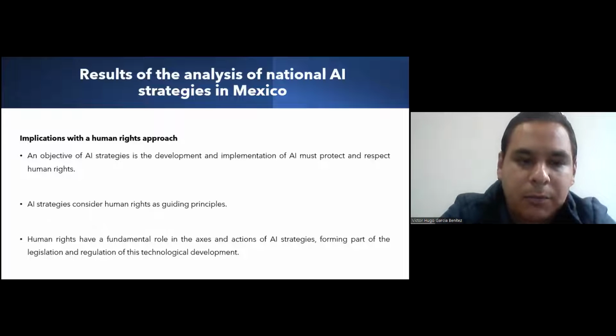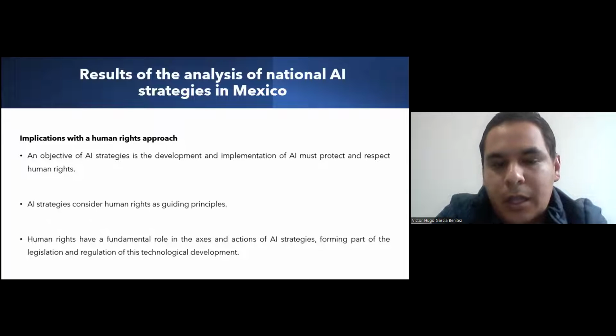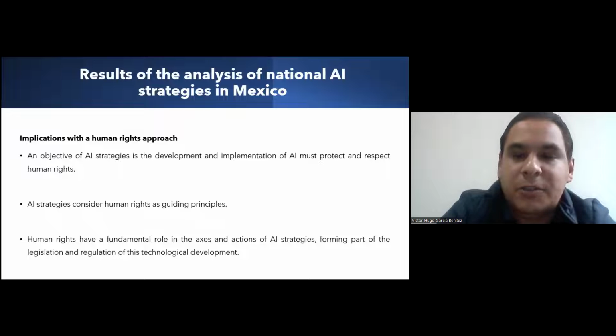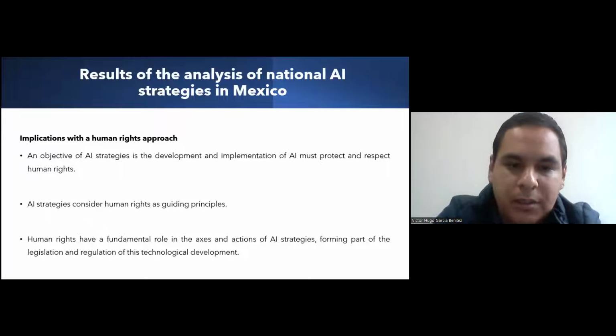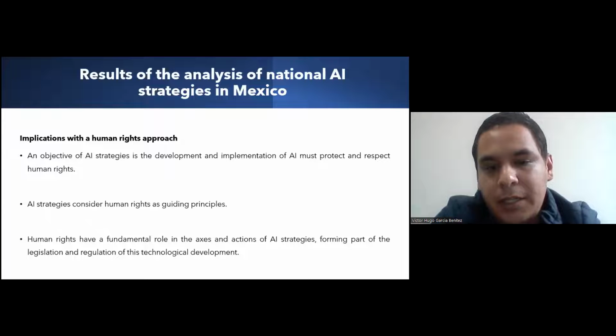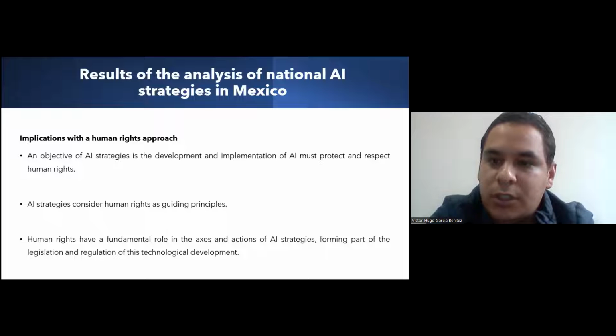An objective of AI strategy is that the development and implementation of AI must protect and respect human rights. Another objective of the strategies is that the adoption of artificial intelligence must be harmonized with the legal framework to generate trust with the citizens.